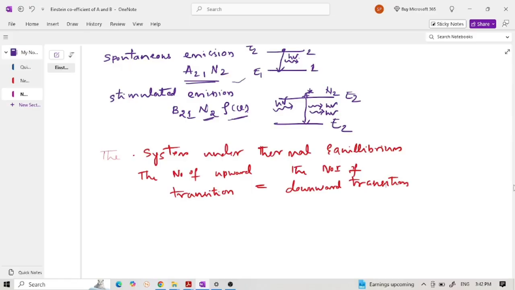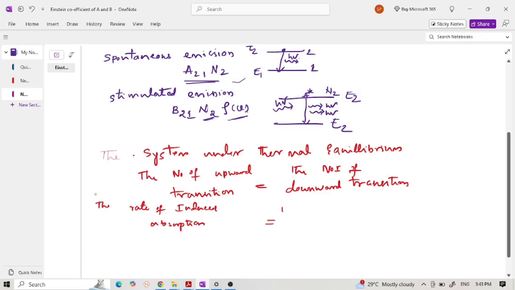Two emissions occur in the downward transition. That is, the rate of induced absorption is equal to the rate of spontaneous emission plus the rate of stimulated emission.